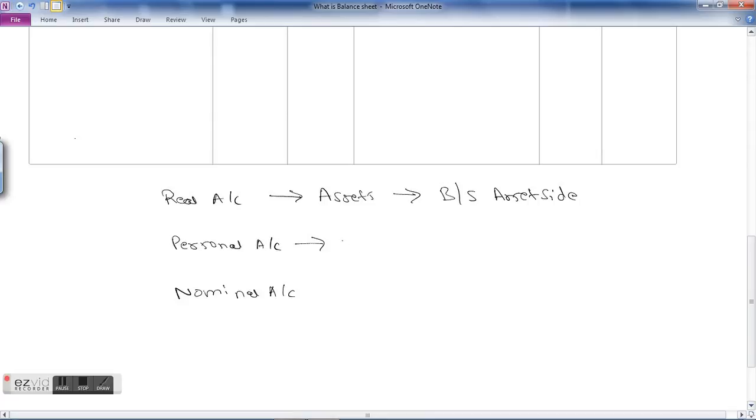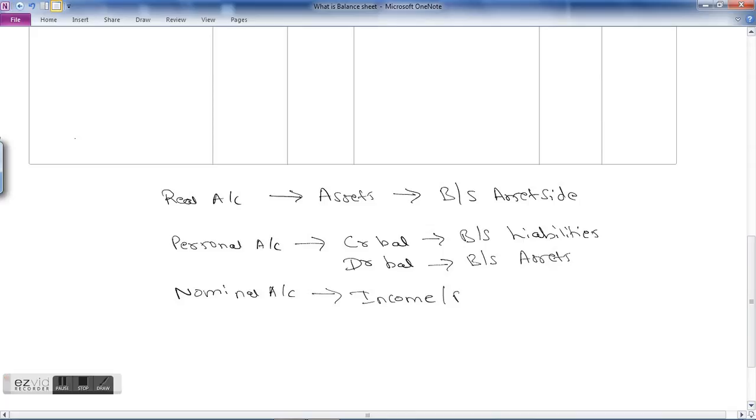For a personal account, if it has a credit balance, it will be reflected in your balance sheet liabilities. If a personal account has a debit balance, then it will be reflected on the asset side. The nominal accounts include all your income, profit, expenses or losses.